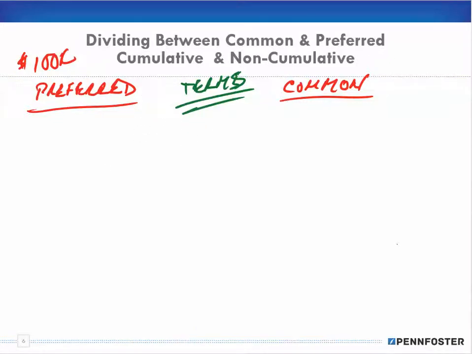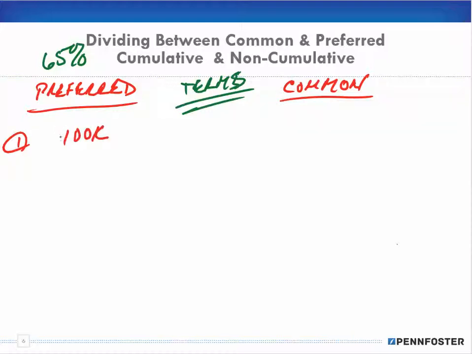Let's say preferred is not guaranteed 100,000. Let's say they get 65%. Okay, so in the first period, let's just say, notice I'm making this stuff up. This is the way this works.